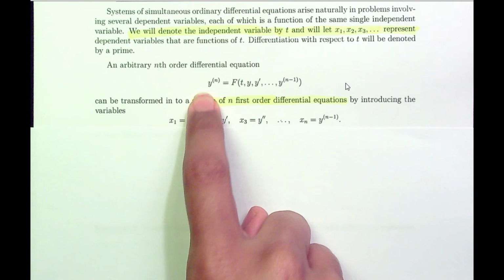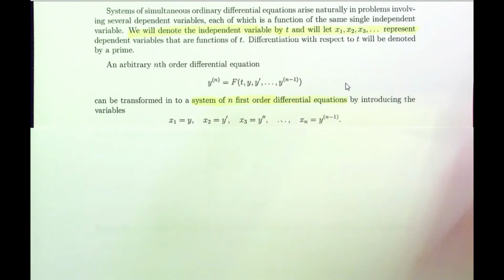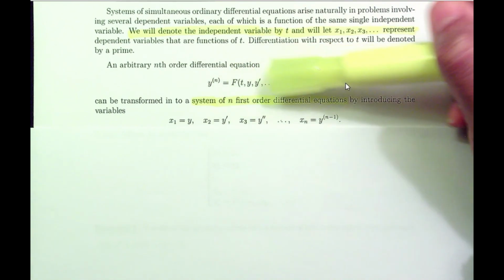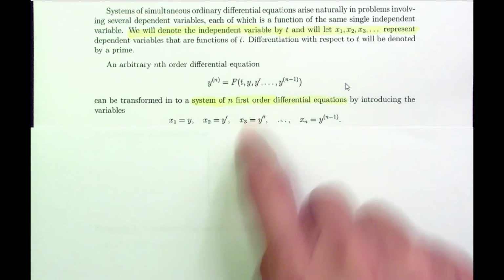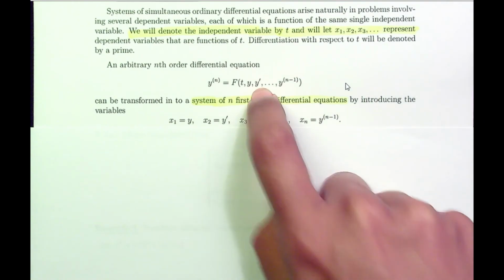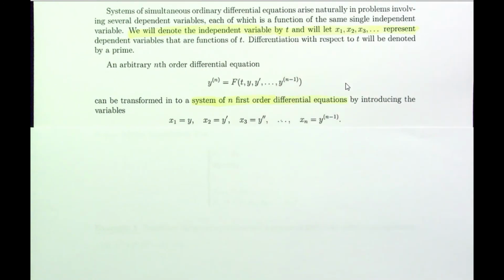Basically you introduce a new variable for each of these things here except for the t, because the t is an independent variable. So x1 will be y, x2 will be y prime, x3 will be y double prime, etc., until the very last one. xn is going to be the (n minus 1)th derivative.